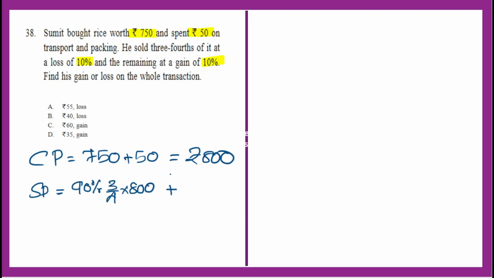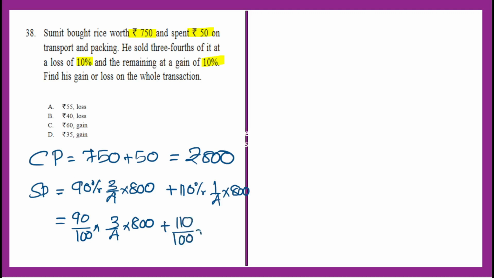Again, the remaining at a gain of 10% implies the sale price for that portion equals 110% of 1 by 4 times 800. That equals 90 by 100 times 3 by 4 times 800 plus 110 by 100 times 1/4 times 800.